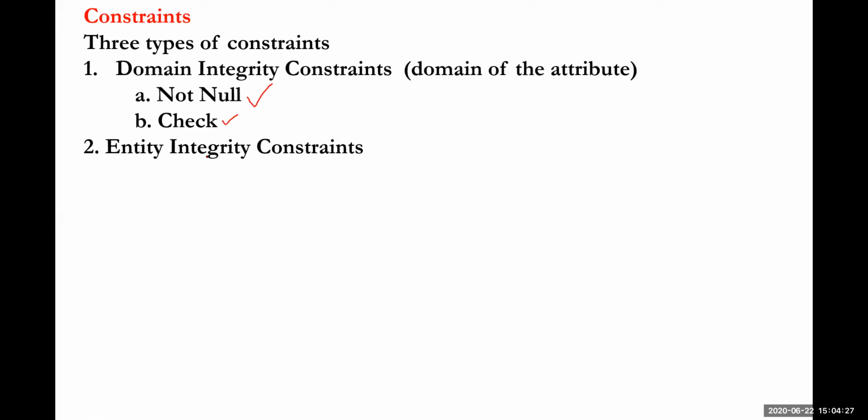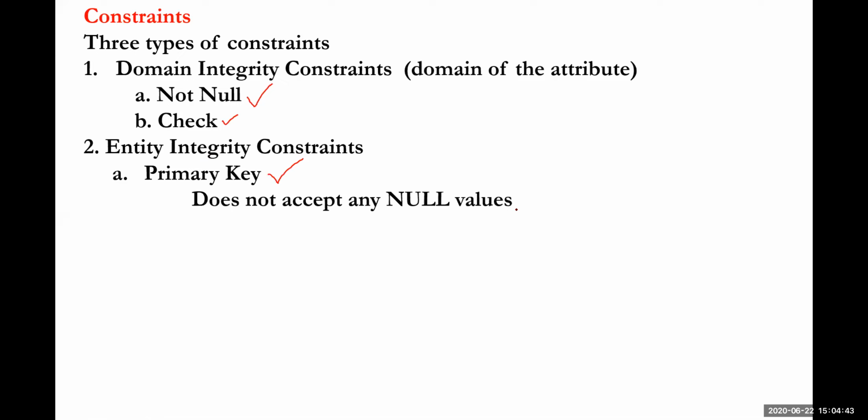These two have been taken into consideration, and we have seen all these, followed by entity integrity constraints, the primary key, how a primary key can be created, and what the activities of a primary key are. A primary key does not accept any null values, and it cannot accept any duplicates. That means the combination of unique and not null is called a primary key.